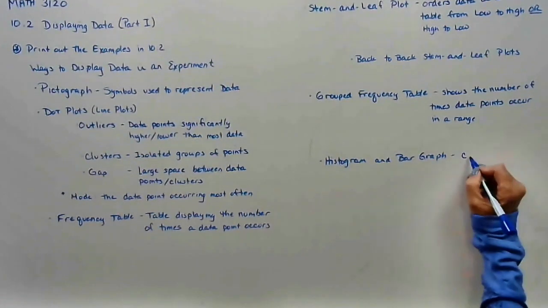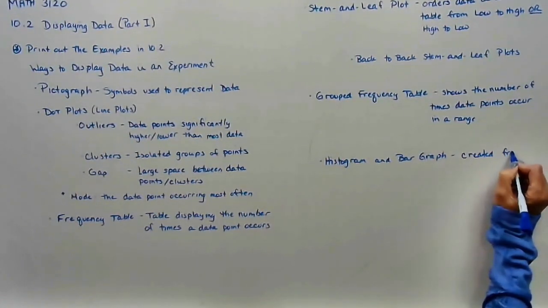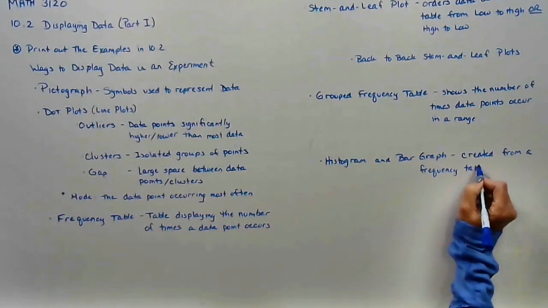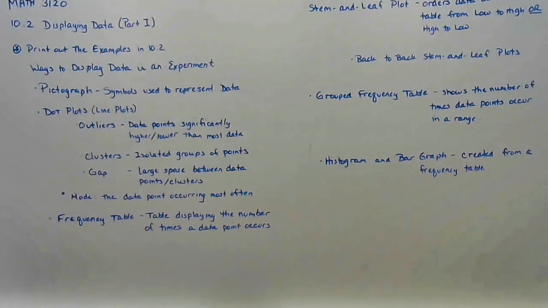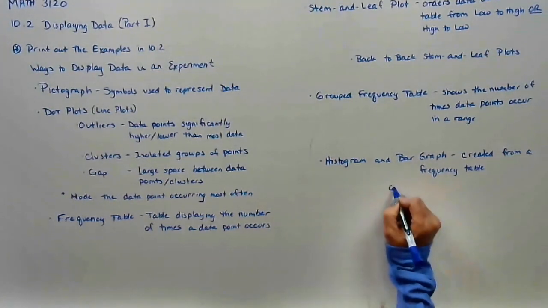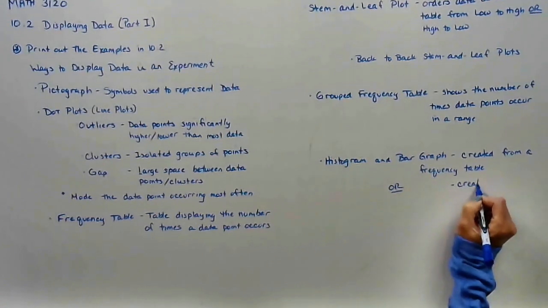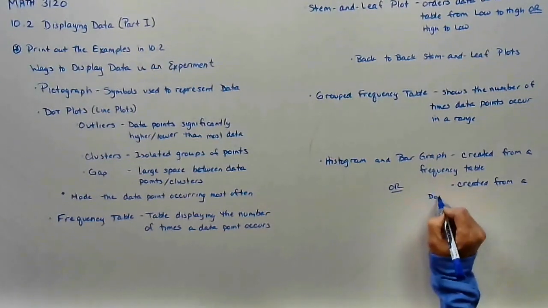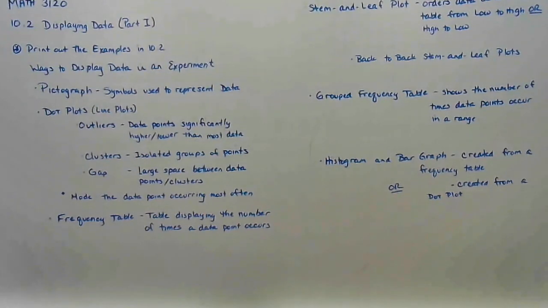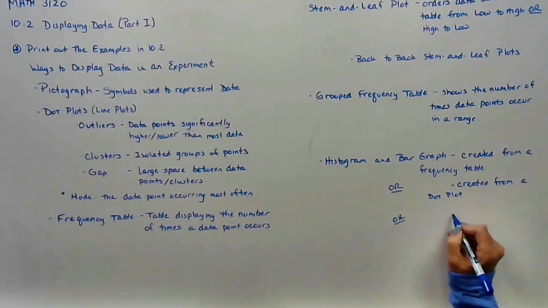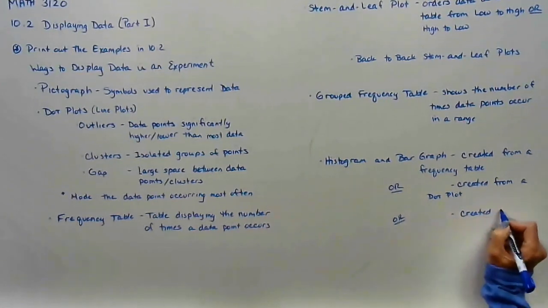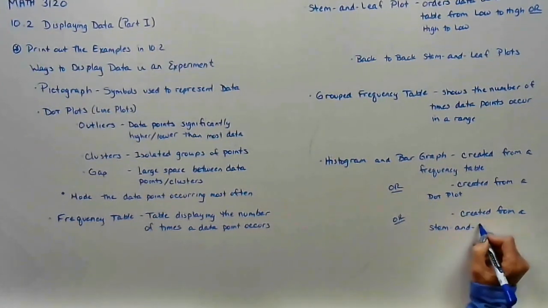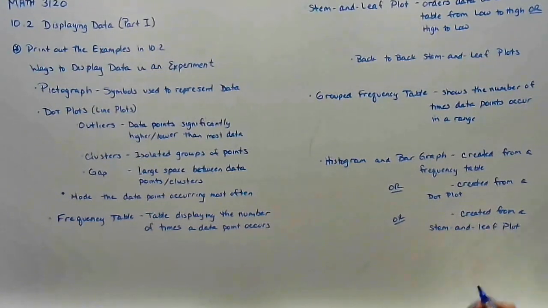Both of these, histogram and bar graph, are created from a frequency table, or they are created from a dot plot, or they're created from stem and leaf.